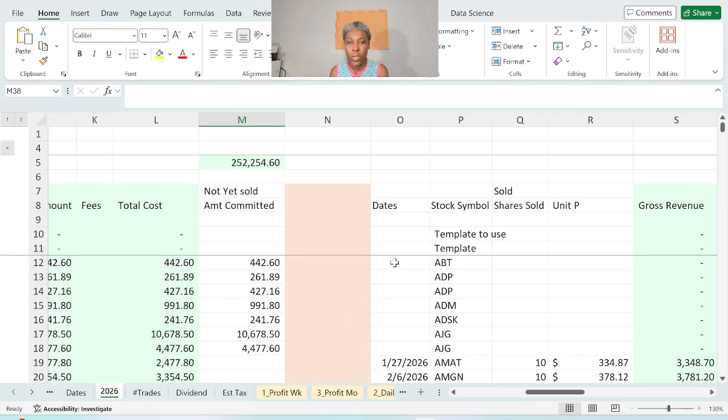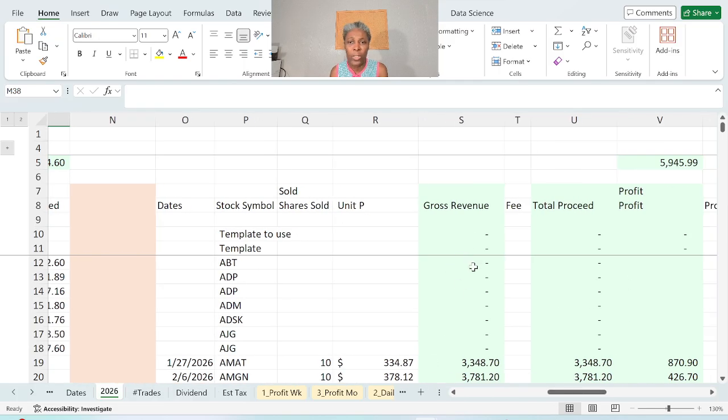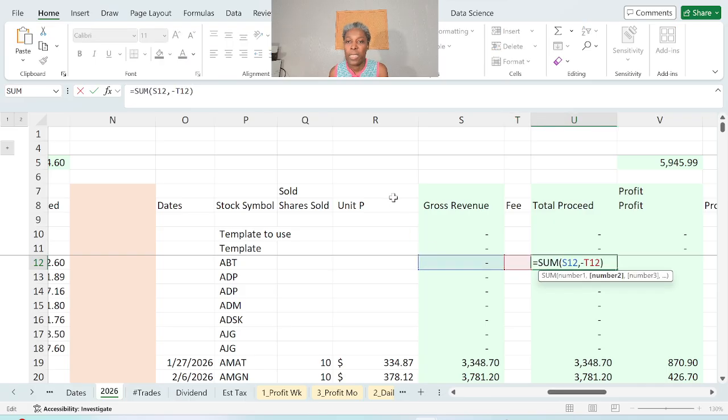And when that is sold, on the same line you'll put the date you sold it, the symbol, the shares, how much you charged for the stocks you sold, and the gross, which is just the multiplication between the unit price and the shares. If the brokerage charges a fee, the total proceeds is the gross revenue minus the fee.